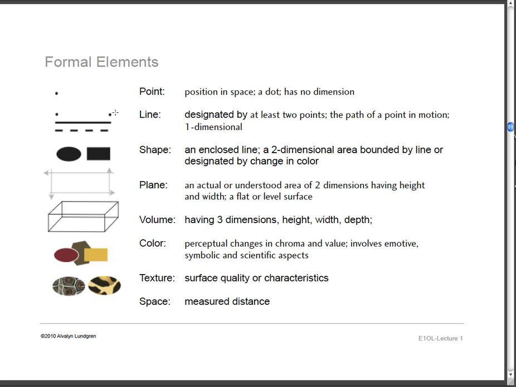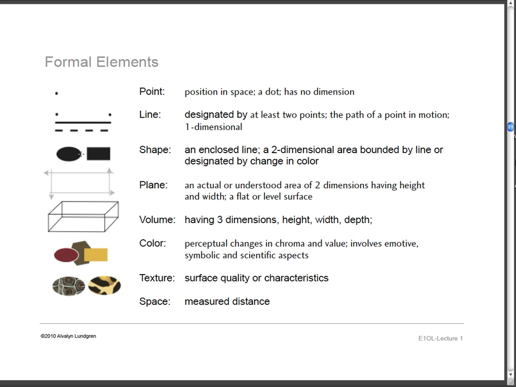Next up is shape. Shape is initially created by enclosing line, a line that will close back on itself. Line has one dimension. Shape is two-dimensional. It has height and it has width.